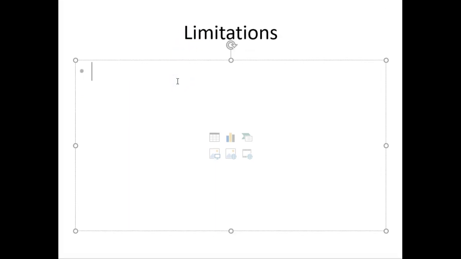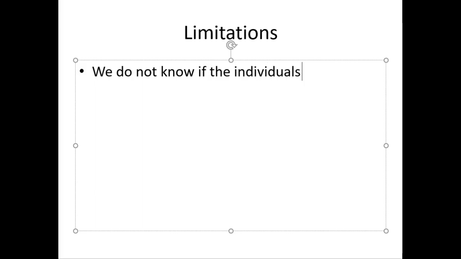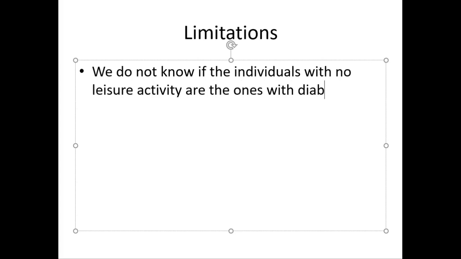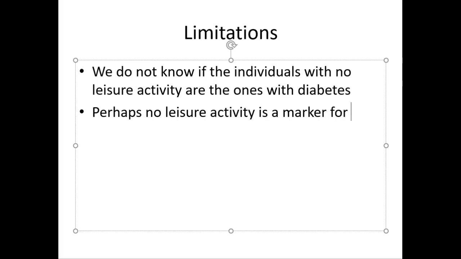So for our limitations, first, no info about the individual. We do not know if the individuals with no leisure activity are the ones with diabetes. And then the exposure might be a marker for something else. So perhaps no leisure activity is a marker for, let's say, eating a high sugar content diet.